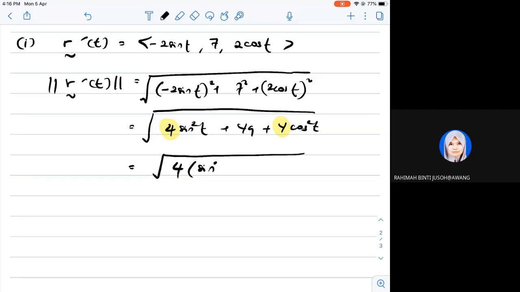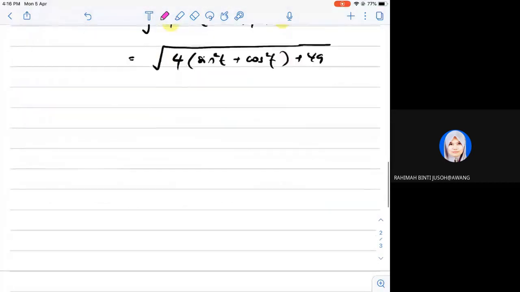So we will have 4 times sin squared t plus cos squared t, plus 49. Okay guys, now you can use the trigonometric identity, so this is equivalent to 1. Sebab trigo identity kan yang kita belajar daripada subtopic 1.1 tu. So now we will have 4 times 1 plus 49. We will have square root of 53.